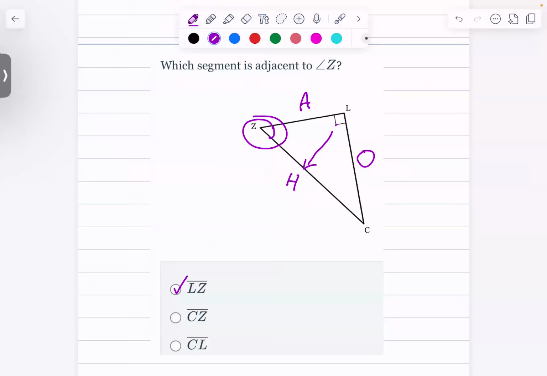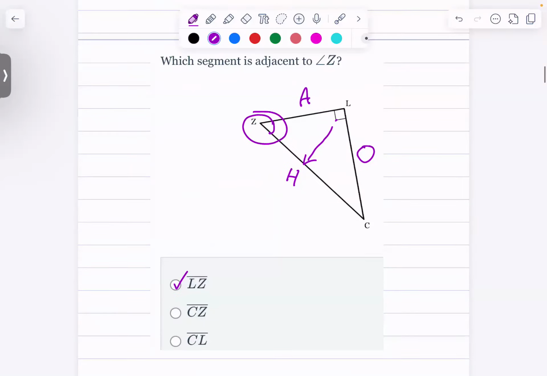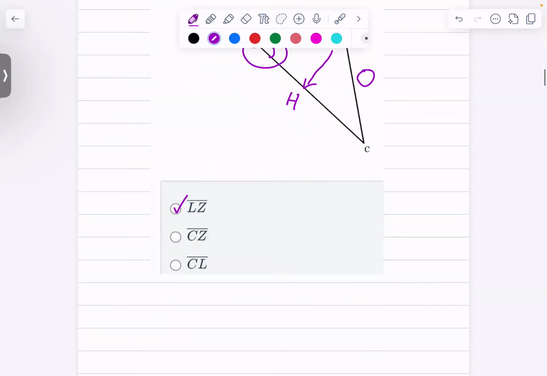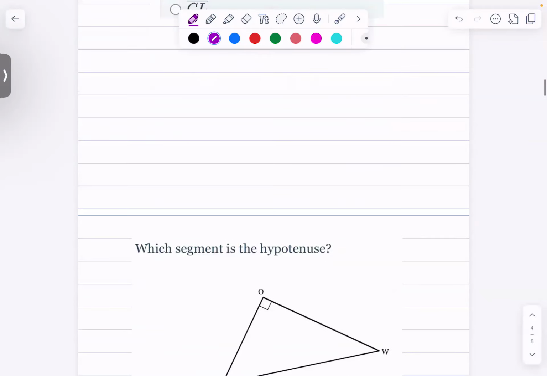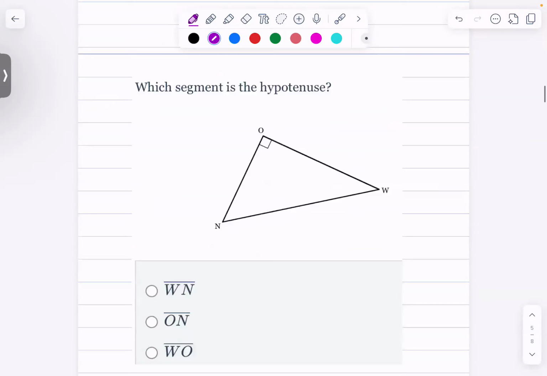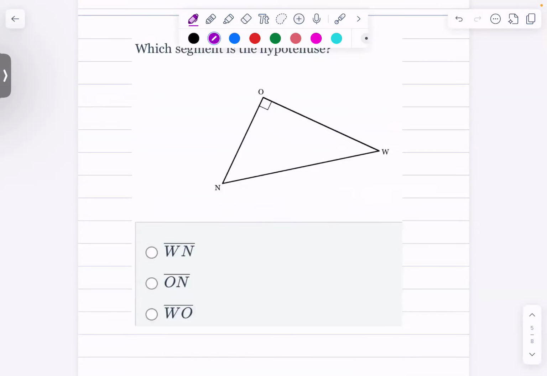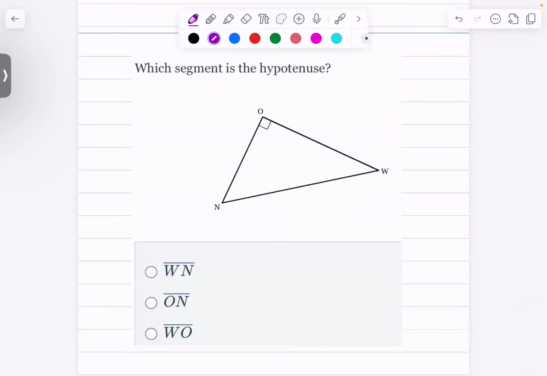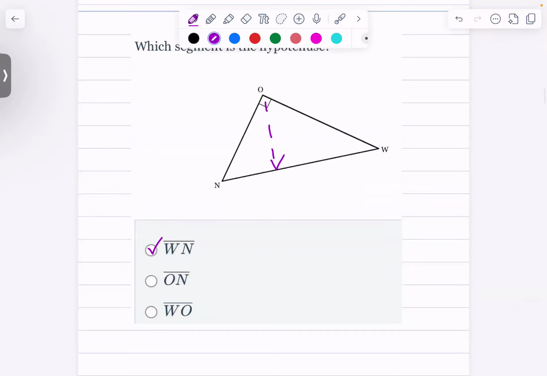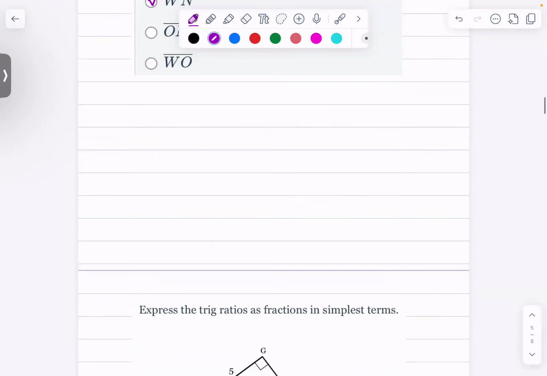Simple, easy. Which segment is the hypotenuse? The hypotenuse will always be opposite the 90-degree angle, so it's NW or WN.